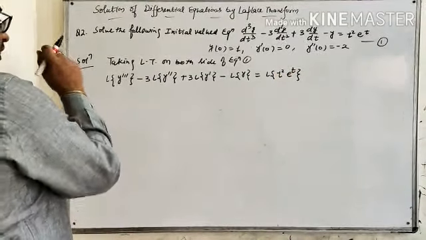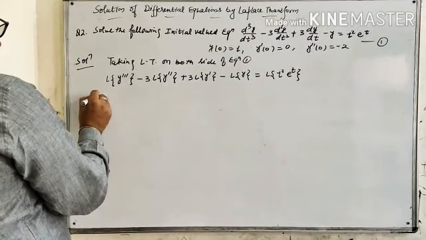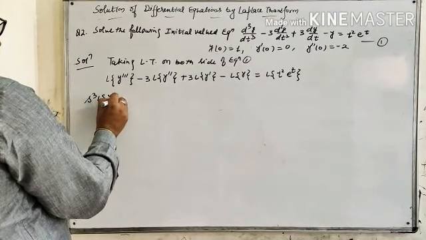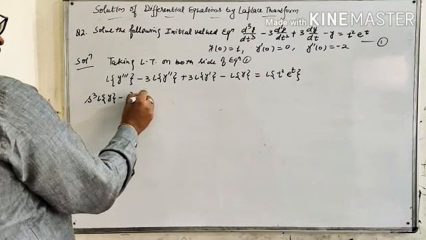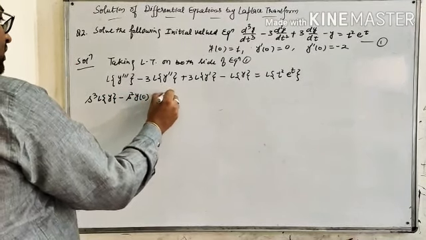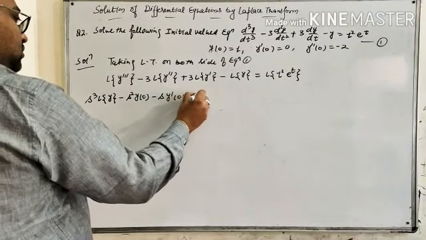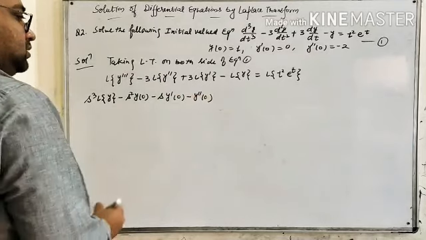Laplace of y triple dash will be s cube Laplace of y minus s square y(0) minus s y dash 0 minus y double dash 0.